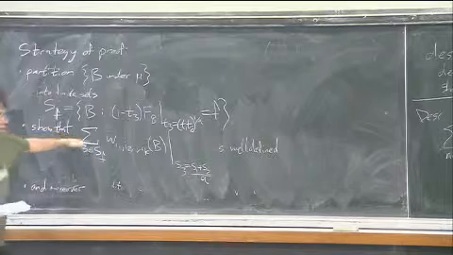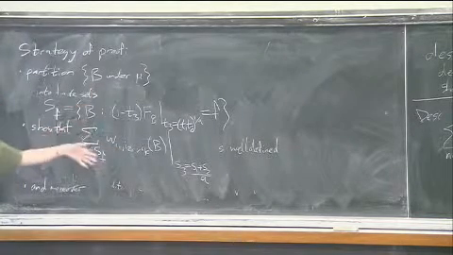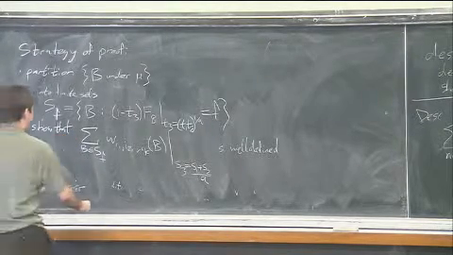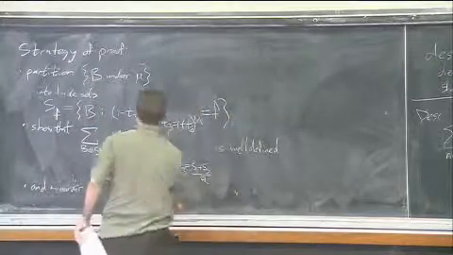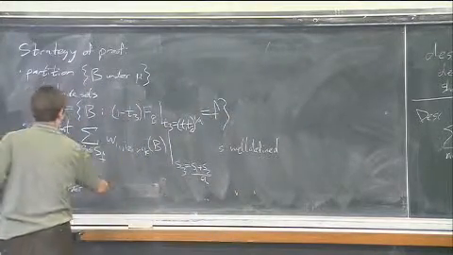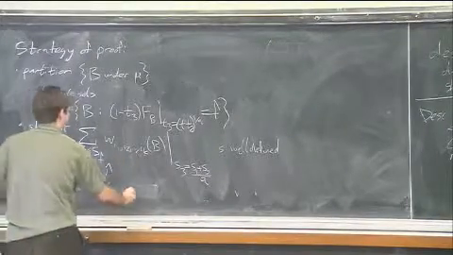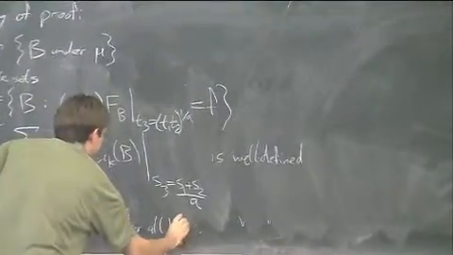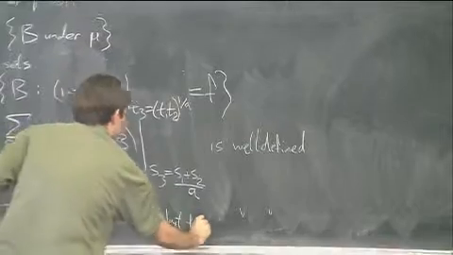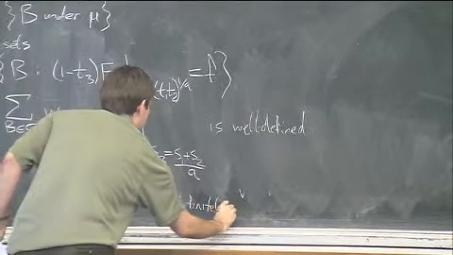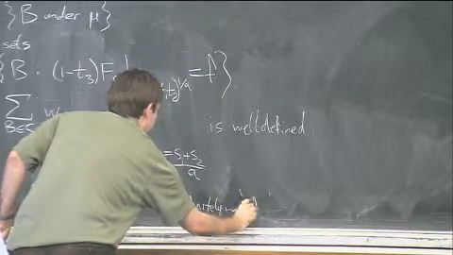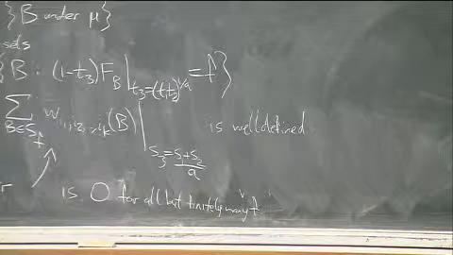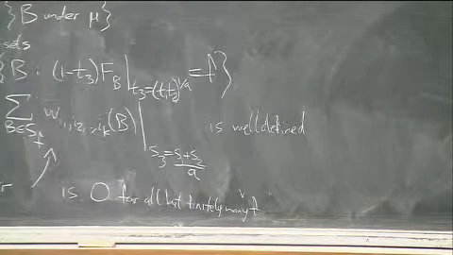Moreover, so we need a bit more than that. This is enough to say that the overall substitution is well defined. We also need that it's a polynomial, and moreover, this is 0 for all but finitely many F. So these two facts together imply the theorem.